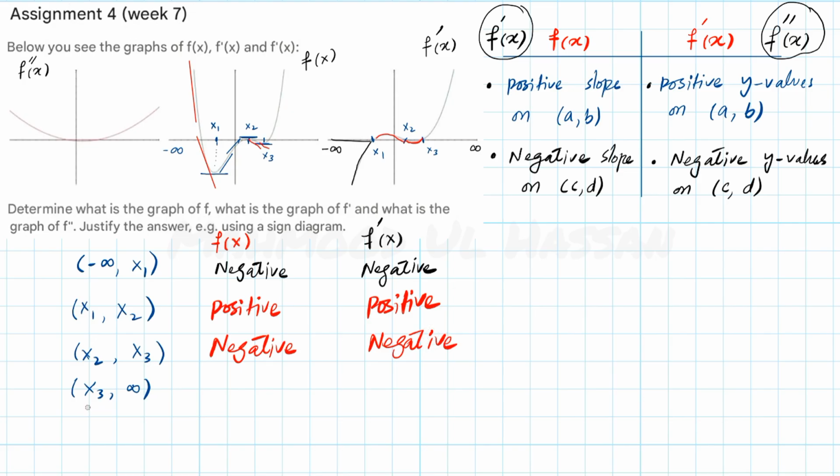And now on the third interval, that is from x3 to infinity, this is x3, and here we have positive infinity, and you can see that the graph has positive slope. So that is going to be a positive slope.